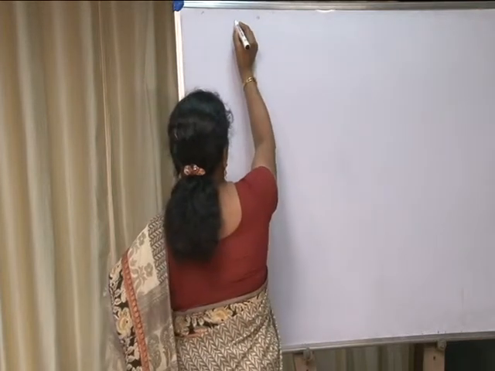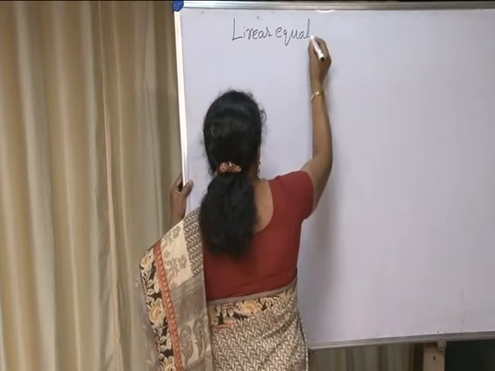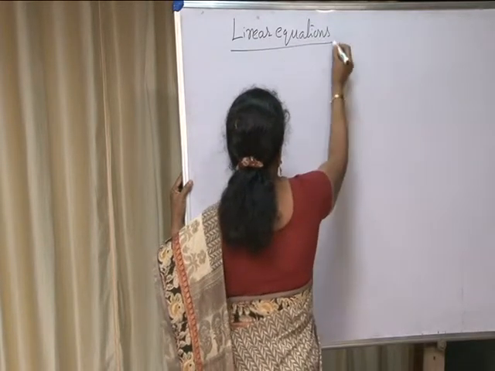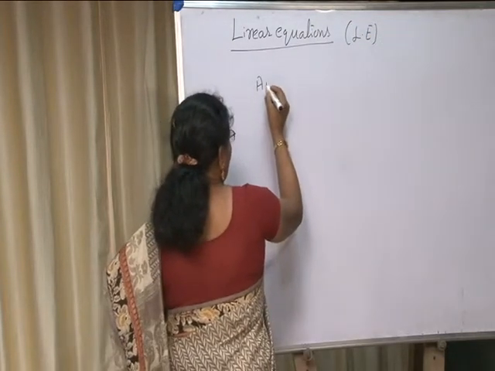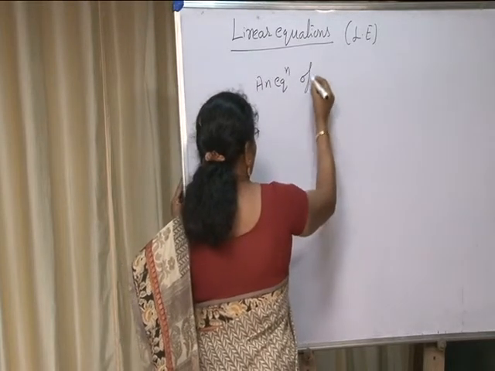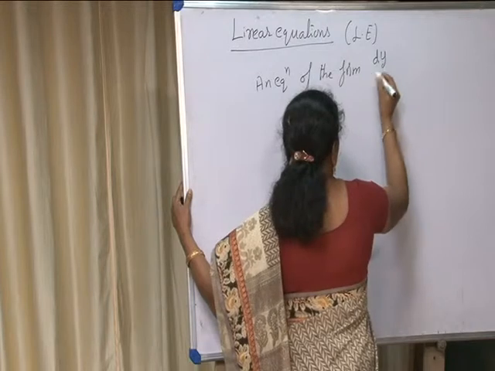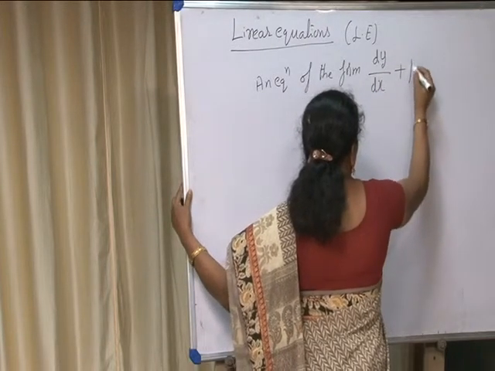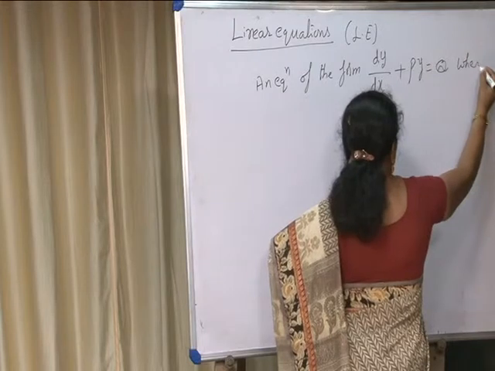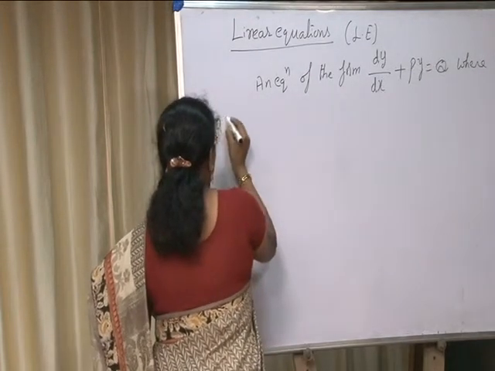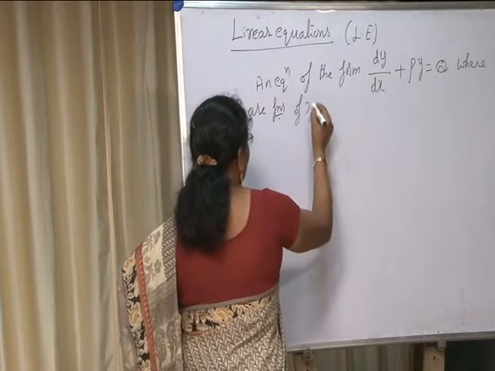Linear equations. An equation of the form dy by dx plus py is equal to q, where p and q are functions of x.